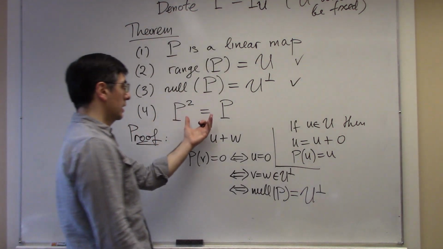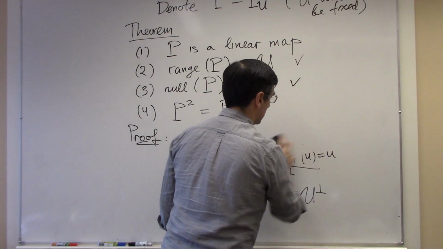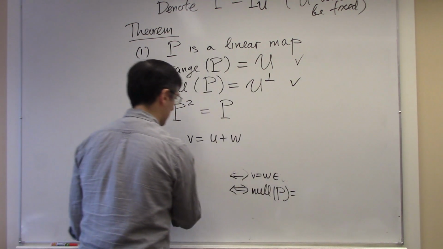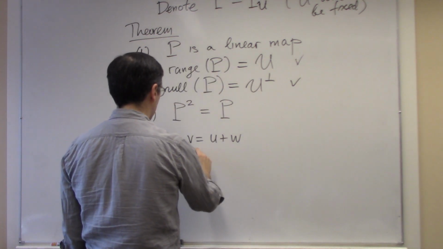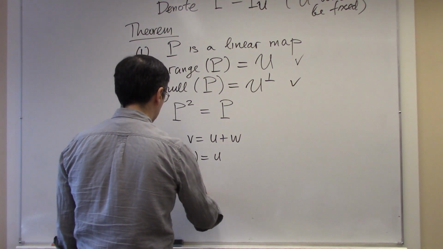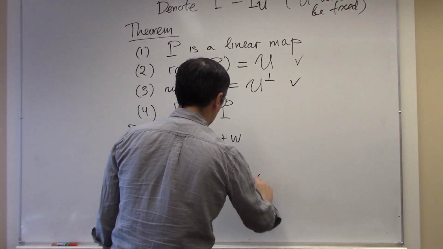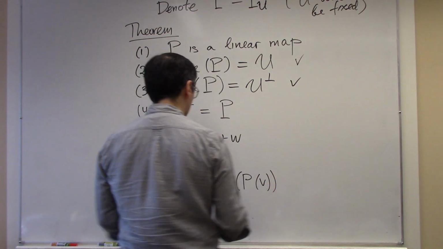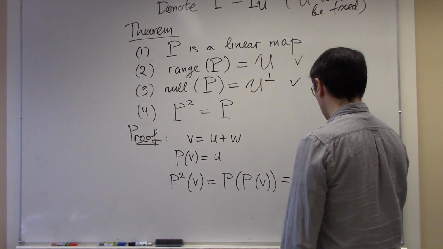And finally, again using this definition, PV is U. Now if I apply P twice to V, this is P of PV, and PV is U, so this is PU.